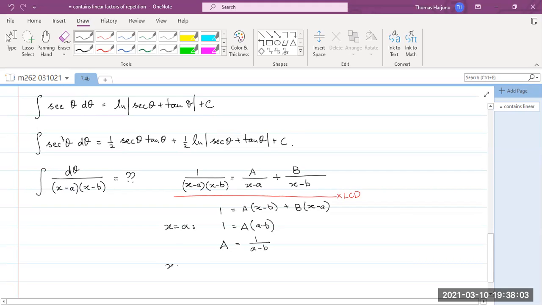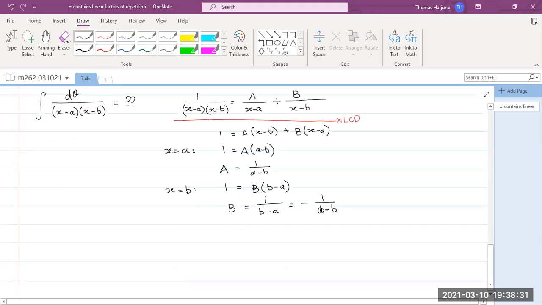Now, when x equals b instead, I get 1 equals B times b minus a. In other words, B is equal to 1 over b minus a, or I can write it as negative 1 over a minus b.